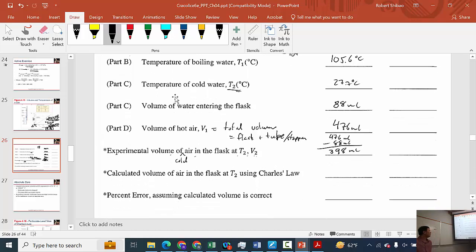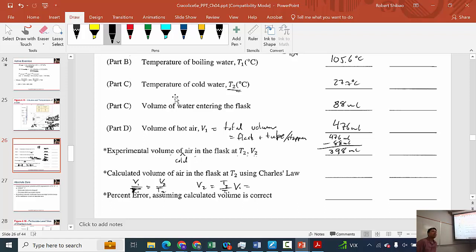Okay, now we're going to calculate the volume of air in the flask at T2 using Charles' law. So what we have here is V1 over T1 is equal to V2 over T2. So we're going to calculate V2. V2 is equal to T2 over T1 times V1.